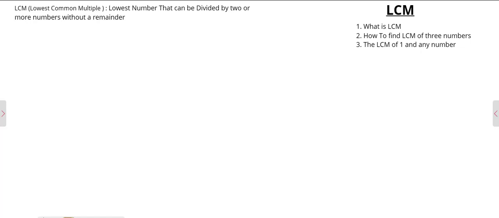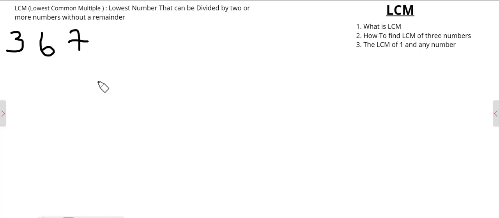So assuming we have 3 numbers and we're asked to find the LCM, we'll still use the same method, which is the long division. And we'll take an example here. Assuming we have 3, 6, and 7, and we're asked to find the LCM of these 3 numbers. We already have an idea of how to find the LCM of 2 numbers.